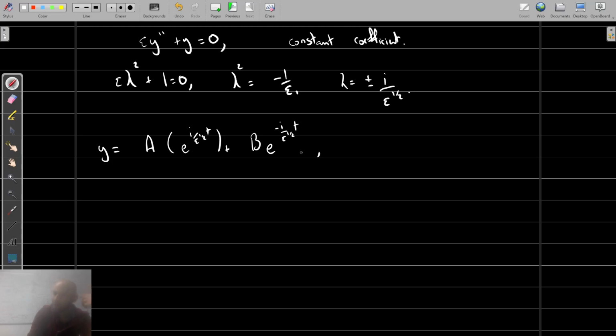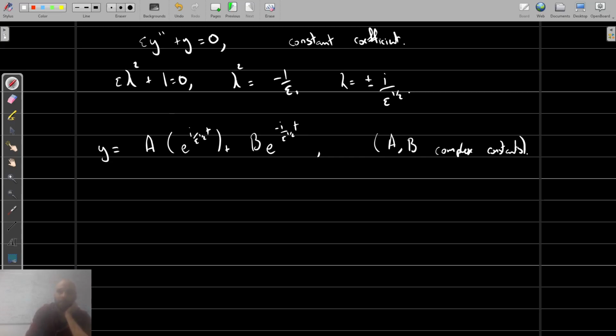Okay, we could do that, but this isn't the nicest thing to do. The exact reason is that a and b are constants, but they are often complex constants in this case, and it just makes it really messy.